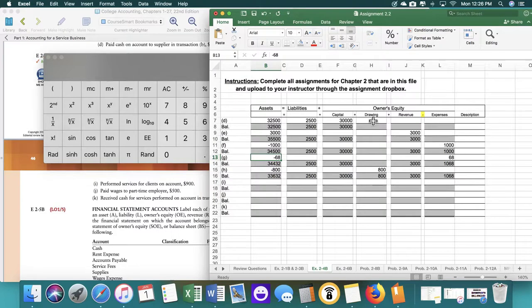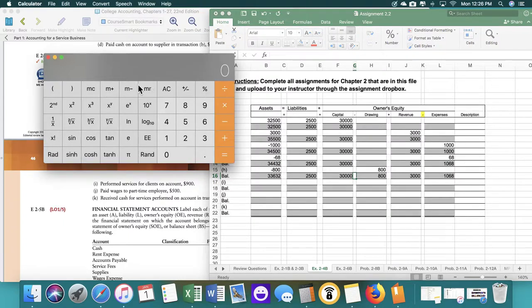Okay, so here is the issue. We're going to subtract drawing instead of add, because the owner is essentially taking capital out of the company.